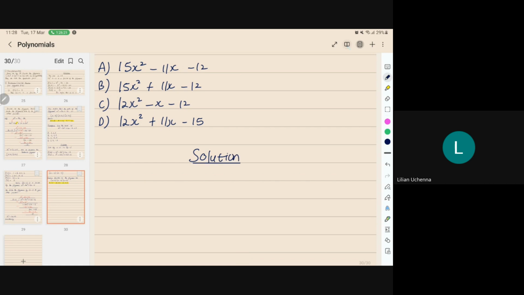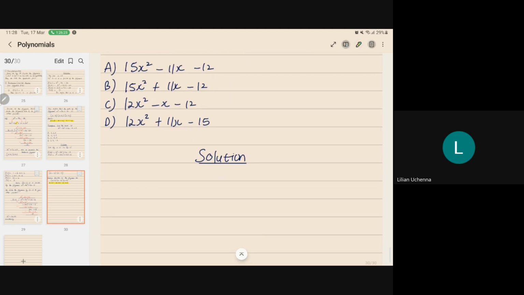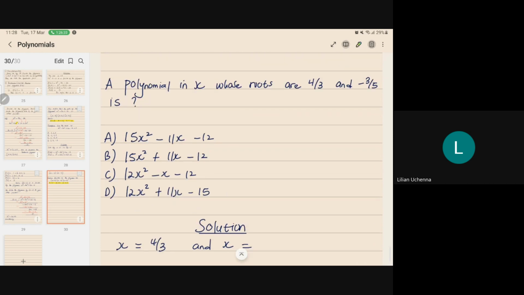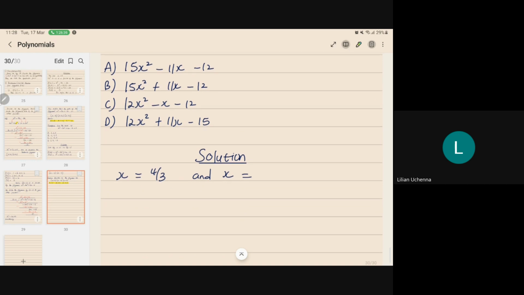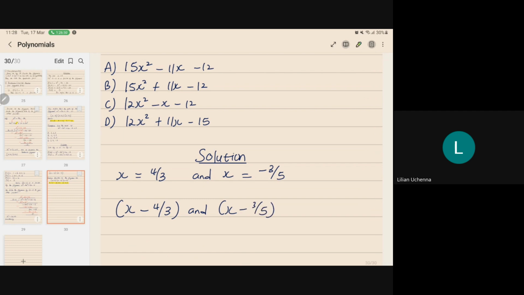Now, from what I taught you, if they said 4/3 and minus 3/5, so you have that x equals 4/3 and x equals minus 3/5. So what that entails is that you have x minus 4/3 and x minus 3/5. Do you get the point?